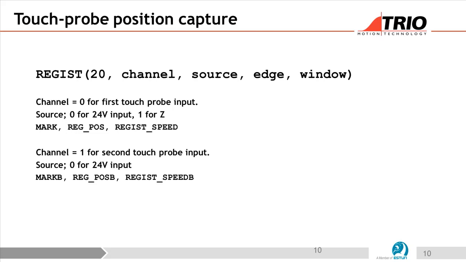What ends up being the source depends a little bit on the drive. So you've got to check the drive manual to see whether it may have 1 or 2 inputs. It may or may not allow you to do touch probe on the Z. But you need to check with the drive manual because we are handshaking obviously with the drive. If you use an Eston drive, it has 2 inputs and does the Z, so you have everything. Yeah.